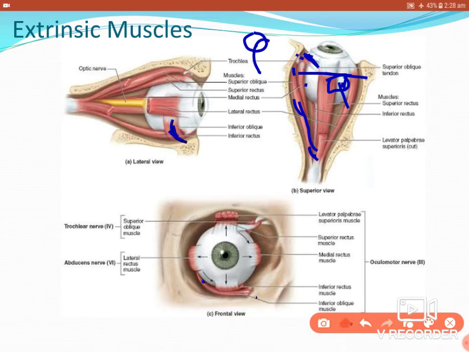Its origin is from the orbital surface of the maxilla. It goes laterally, inferior to the inferior rectus, then upwards and medially and attaches to the posterosuperior quadrant of the sclera behind the equator.